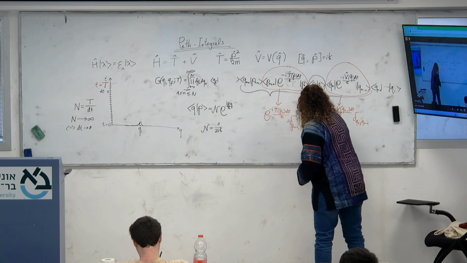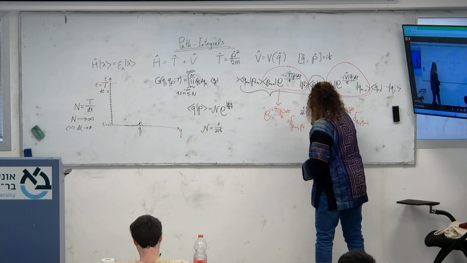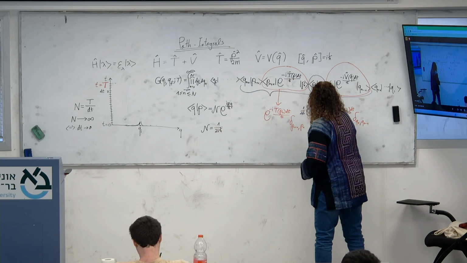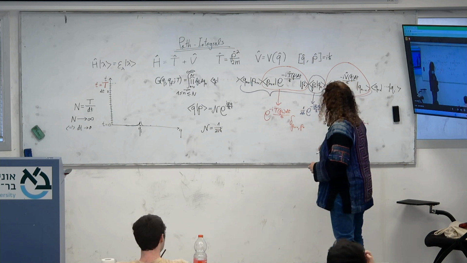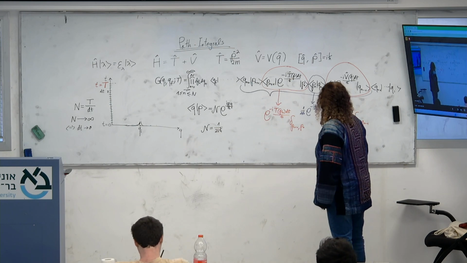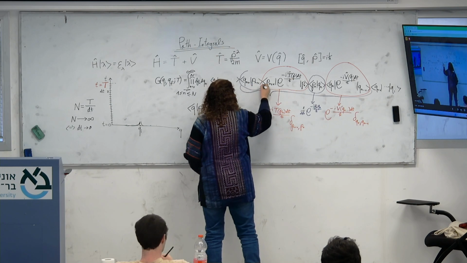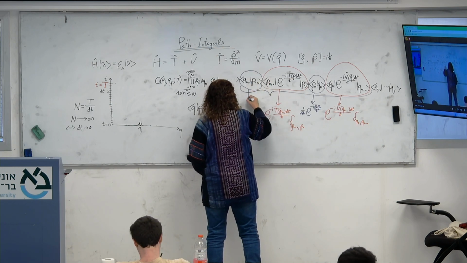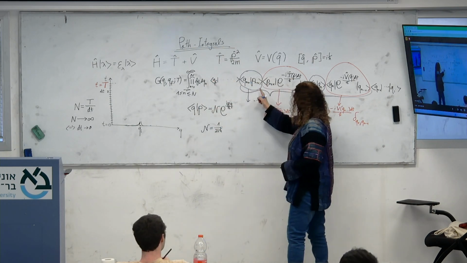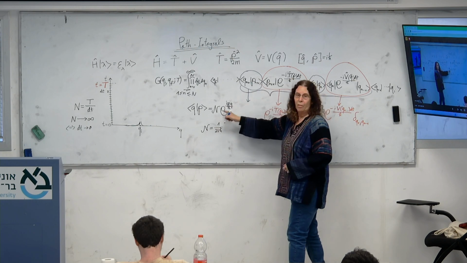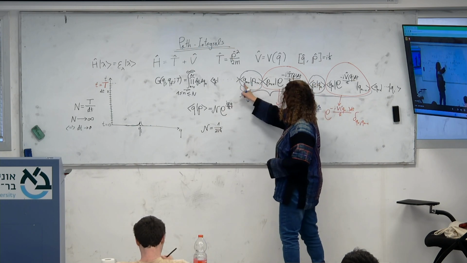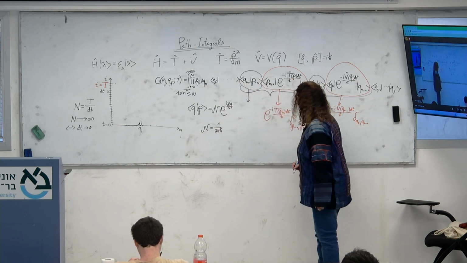So it's 1 over 2 pi h bar times e to the minus i P_n Q_n over h bar. What is this? Now it's exactly the overlap of P_{n+1} and Q_{n+1}.